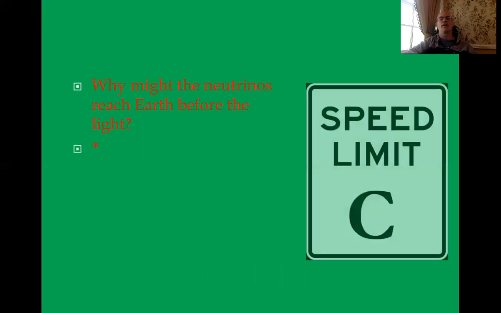Now, you might be wondering, why could the neutrinos reach the Earth before light? Because as you guys know, nothing can travel faster than the speed of light, okay? So think about that for a minute, maybe even pause, and think about how could neutrinos reach the Earth before light if nothing can travel faster?